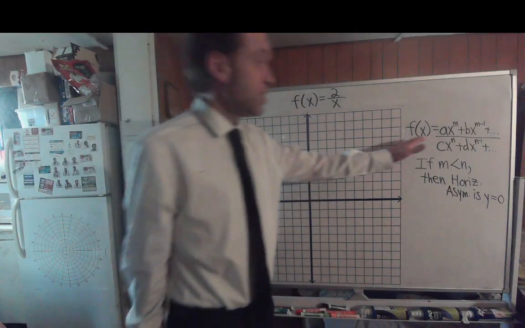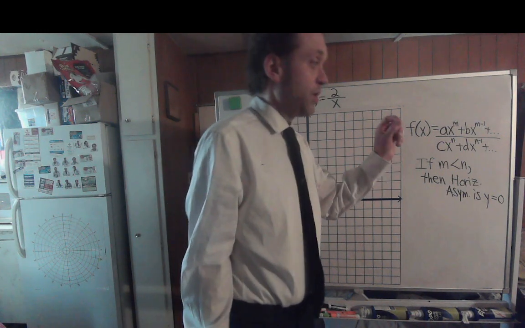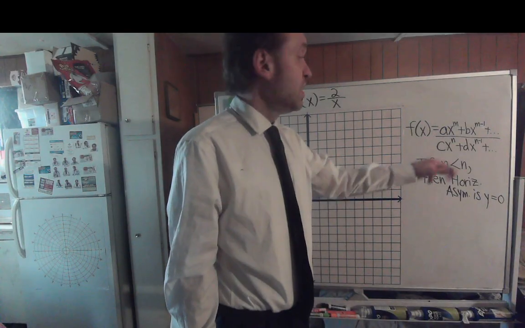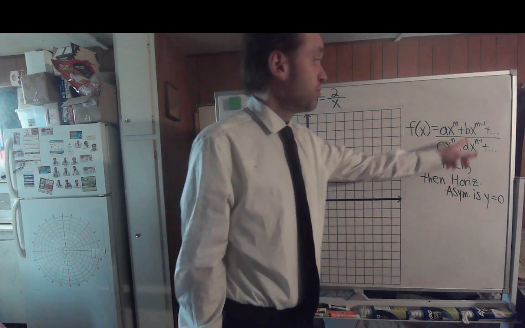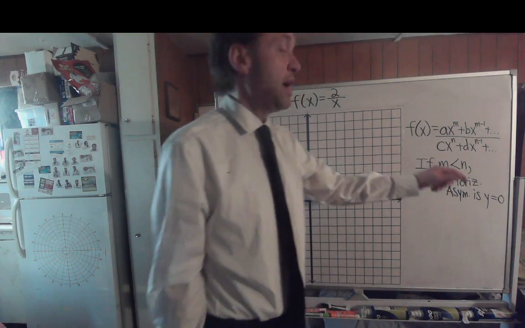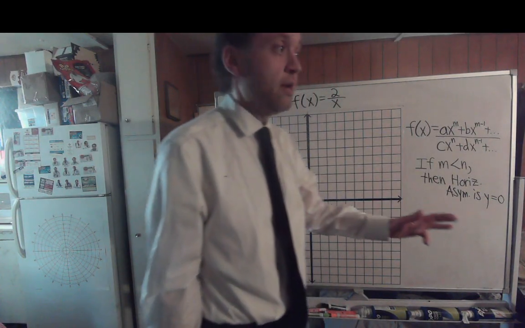So here in general you have f of x equals a rational function where you have a being some coefficient on your x variable. You have x to the m power plus b times x to the m minus 1 power, so it's one less power than the previous term, and it could keep going on and on.